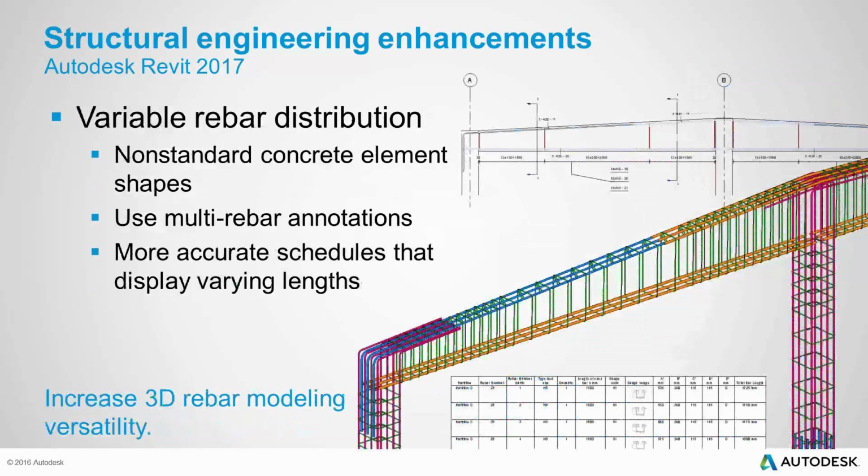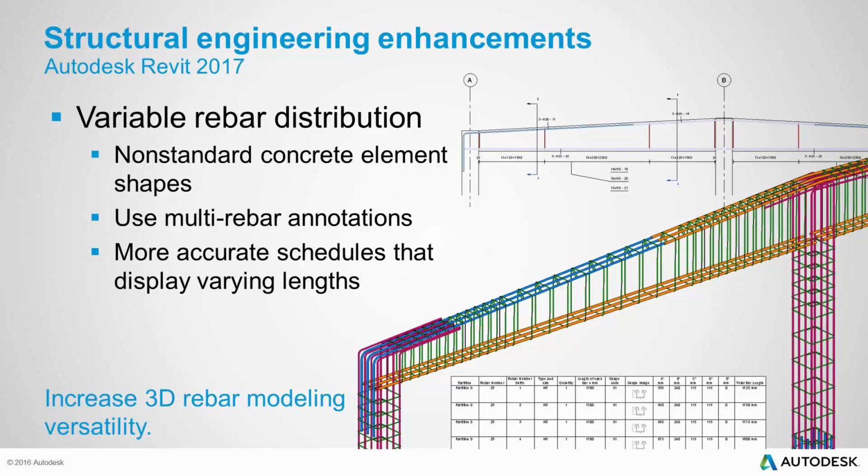Another significant improvement for reinforcement is the ability to create sets of rebar that have variable distribution. So basically, say the rebar at one end of the beam is gathered much closer together and further apart towards the center.